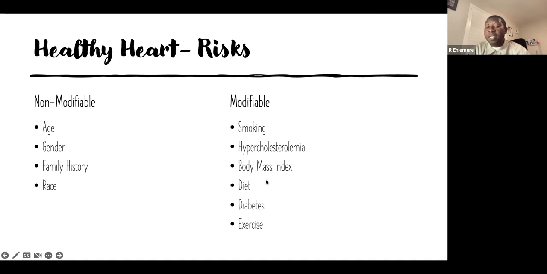On the flip side, a body mass index less than 18 might not have a huge implication on a healthy heart, but predisposes you to other detrimental health conditions, especially if that weight is due to maybe an eating disorder, for instance.